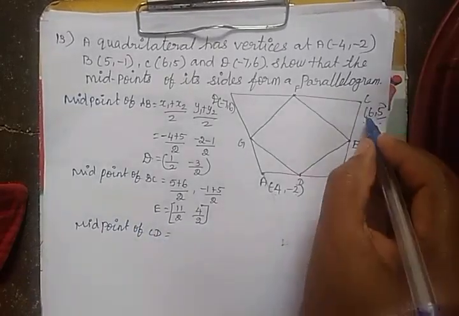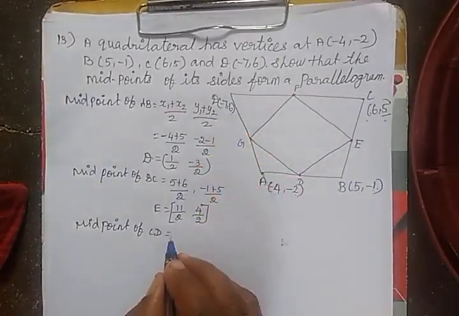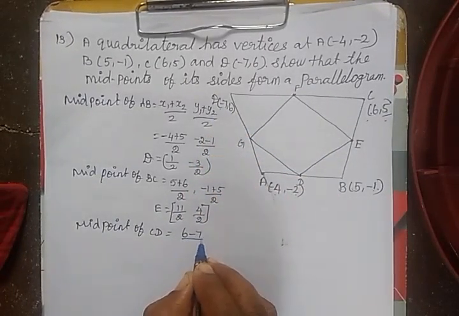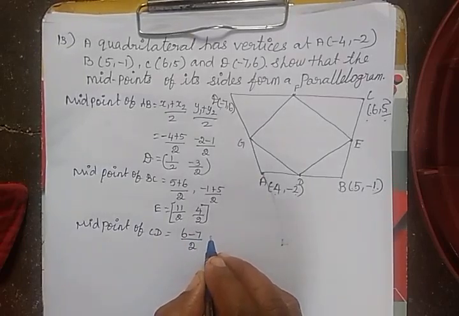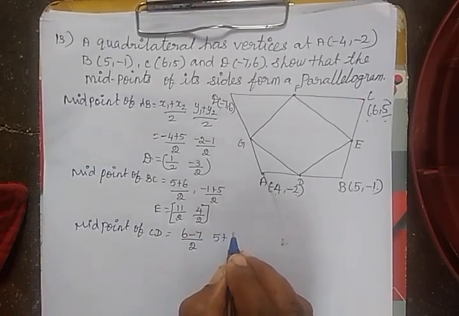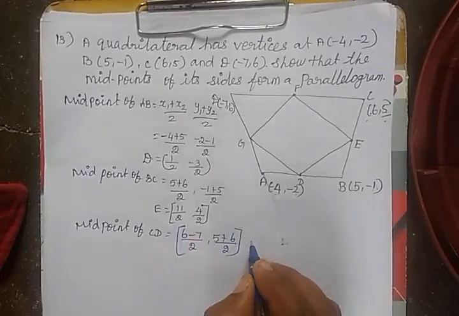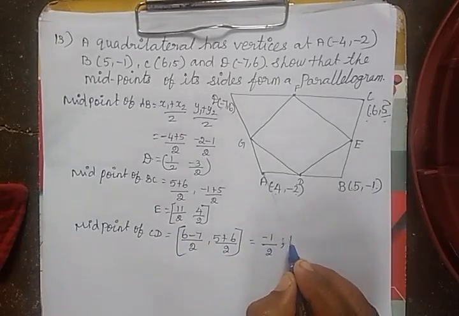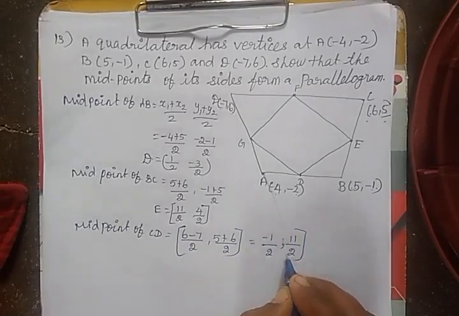That is x1, y1, x2, y2. x1 is 6, x2 is minus 7, y1 is 5, y2 is 6. So 6 minus 7 is minus 1 by 2, and 5 plus 6 is 11 by 2.